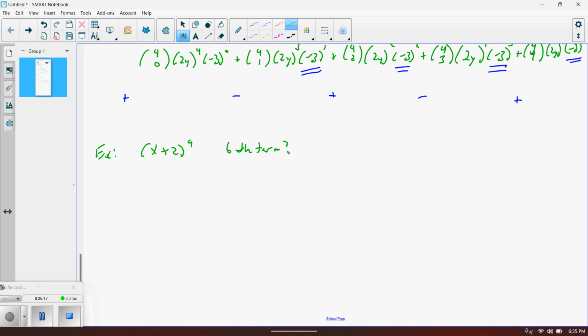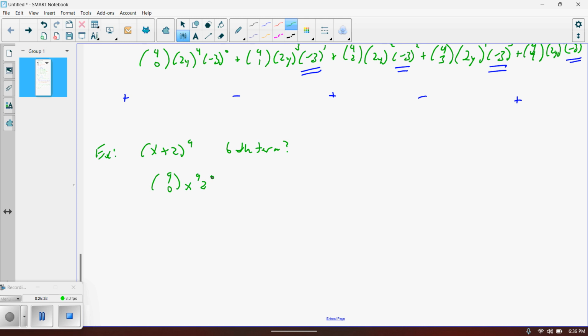The hard part is that you have to remember that you start off with 9 taken 0 at a time. So that's technically your first term. Remember, 9 taken 0 at a time, x to the 9th, 2 to the 0 power. That would be your first term.